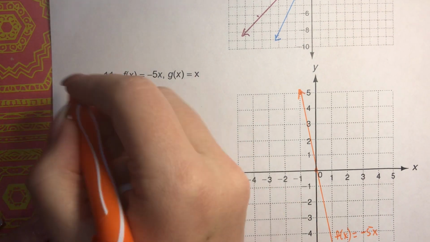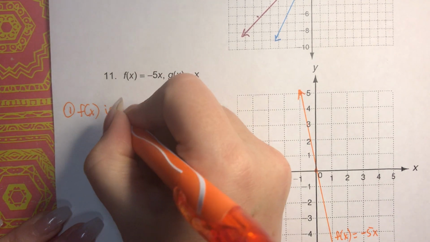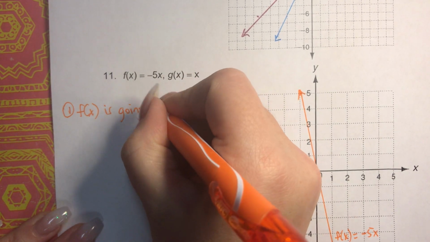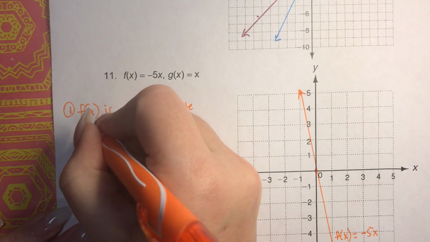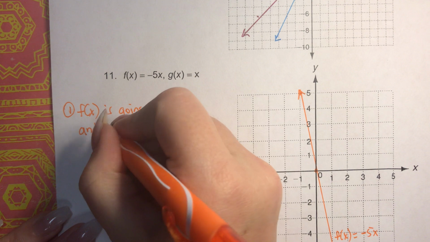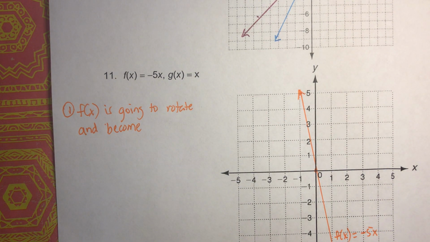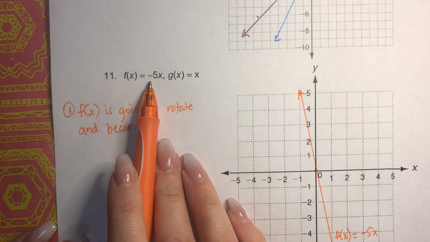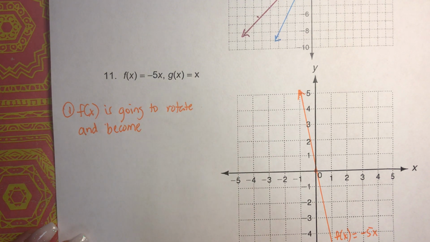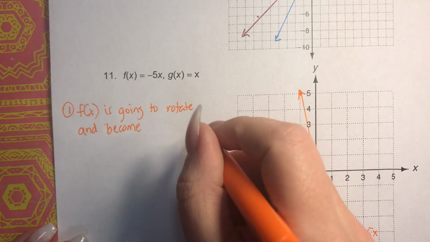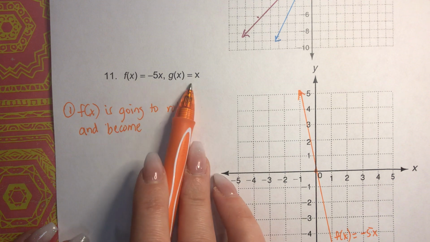That means that the first thing is that f of x is going to rotate and become, what's going to happen? So this is going to be negative 5, and then it's going to have to become negative 1, right? And so that means that it's going to become less steep.